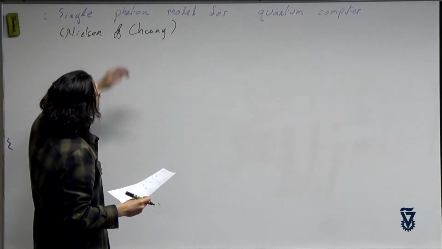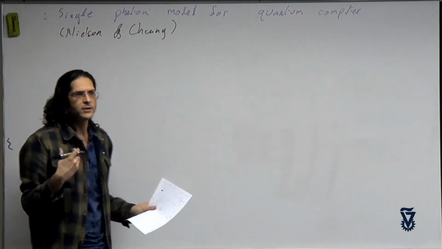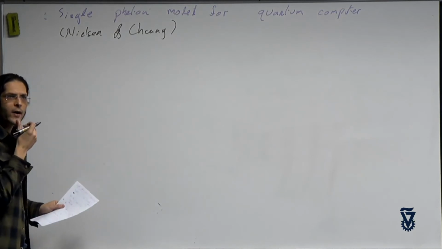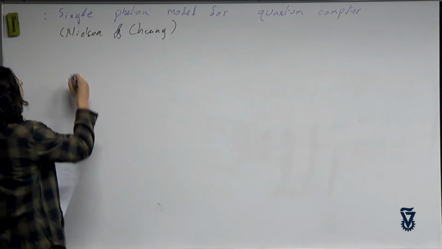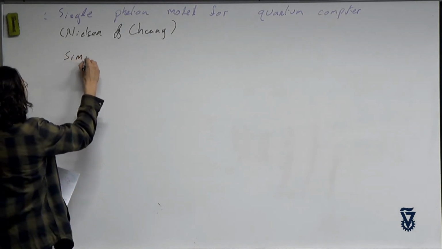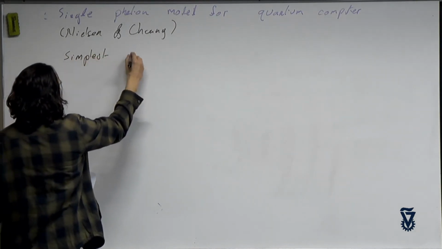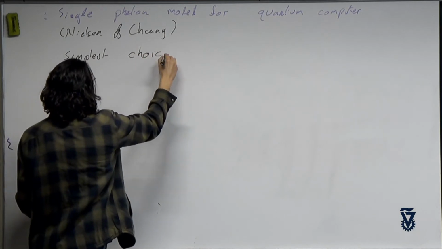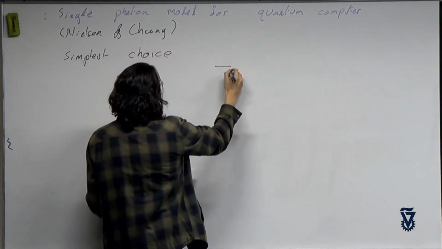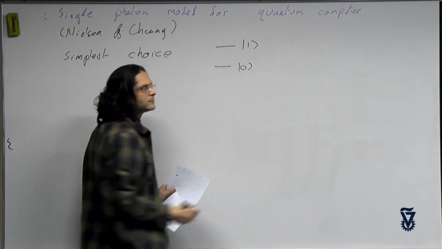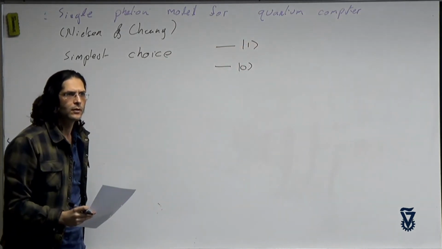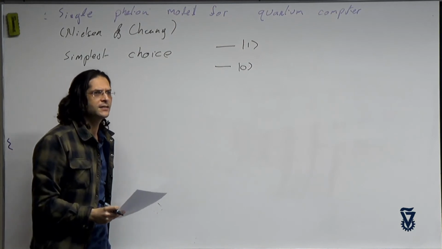Now for a single photon model, suppose that you want to construct a quantum computer using a qubit made of a single photon, the simplest choice for 0 and 1 are? Anyone? Polarization. Polarization. That's more complicated.